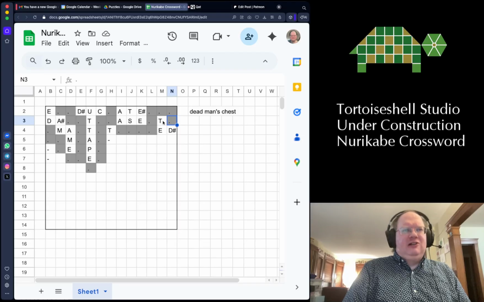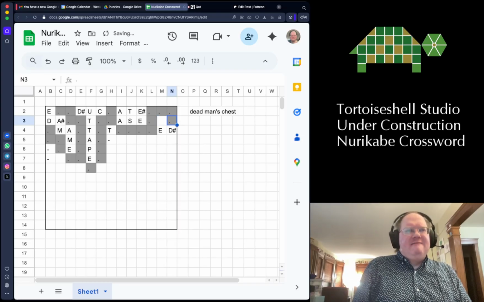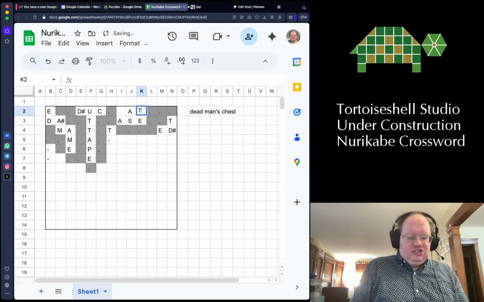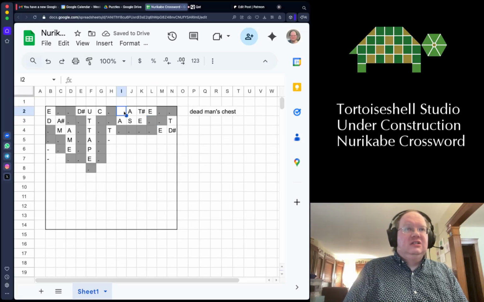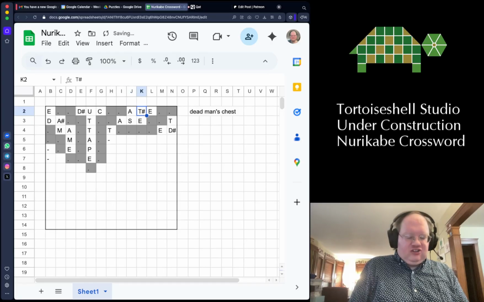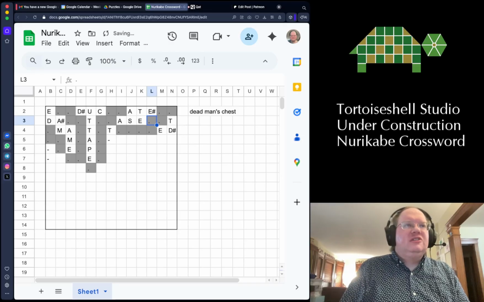Like for example, the way I have it, I could have T here and dot and then A S E. Sorry, not A S E. That has to stay where it is, but I could have A T E. So, okay, that tells me that I should actually have the thing there.